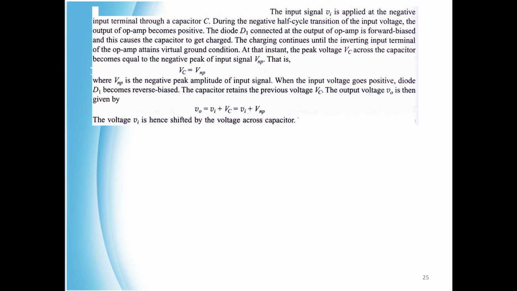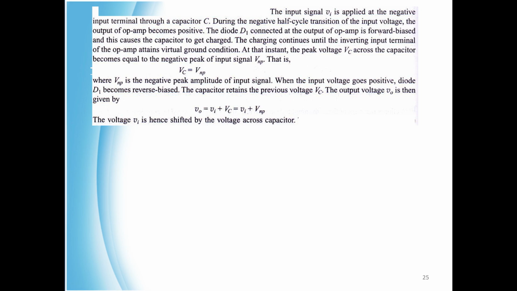At that instant, the peak voltage VC across the capacitor becomes equal to the negative peak of the input signal VNP. That is, VC equal to VNP, where VNP is the negative peak amplitude of the input signal. When the input voltage goes positive, diode D1 becomes reverse biased.